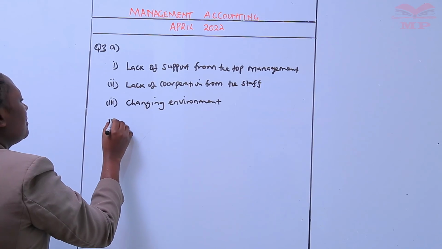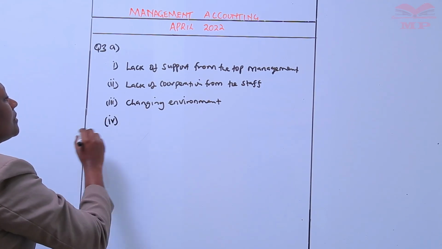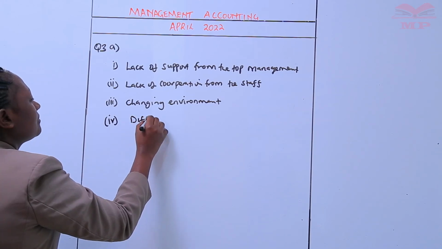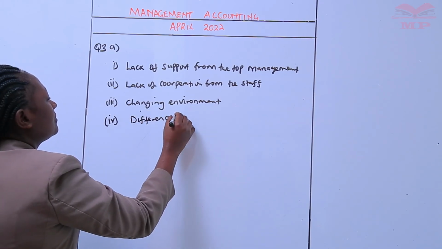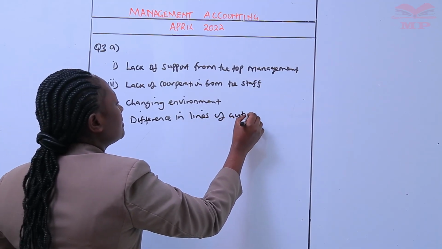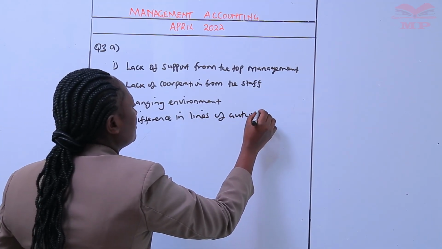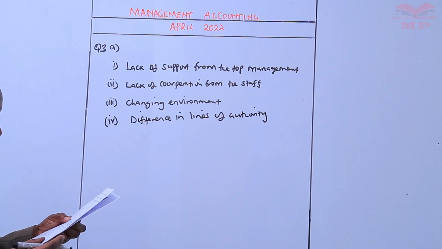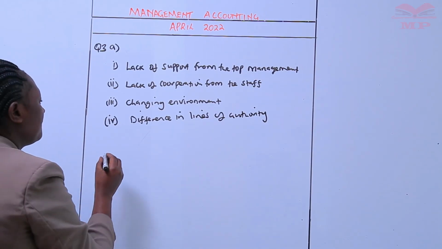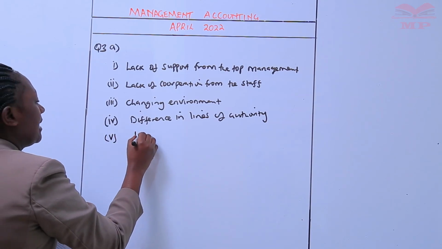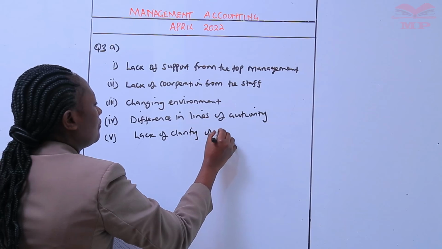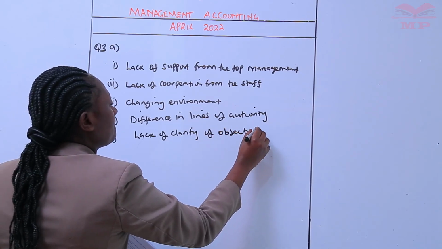And number 4, we may have difference in lines of authority. So we were required to discuss 4, but I can give 5. Lack of clarity of objectives.